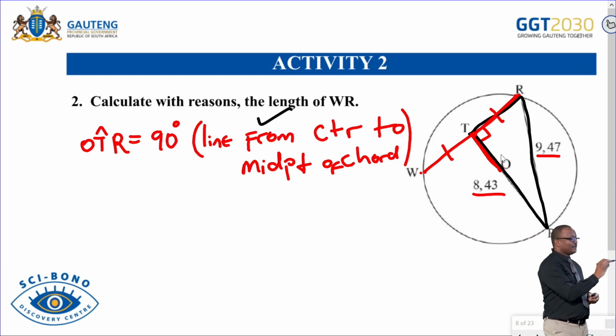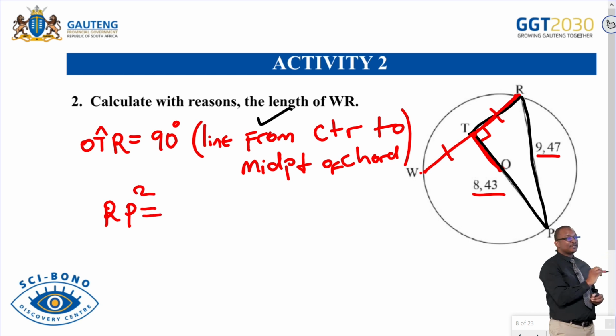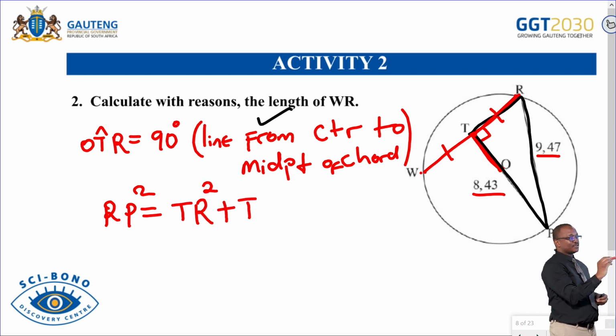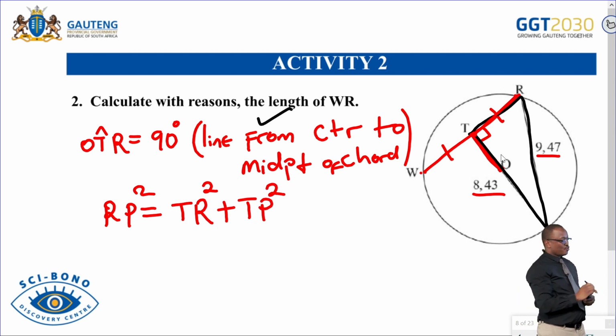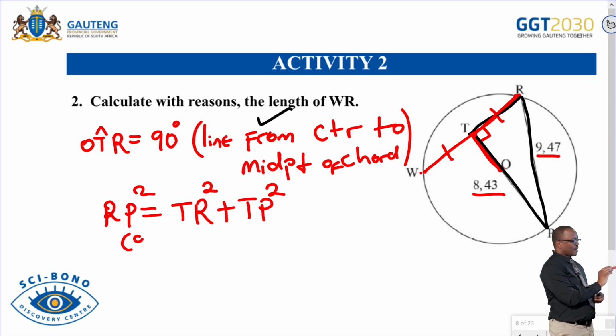Then we're going to say our hypotenuse, remember, is RP squared, which equals TR squared plus TP squared. Then when we substitute, our RP is 9,47 squared.